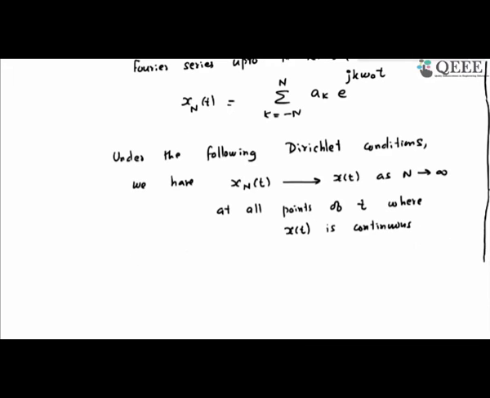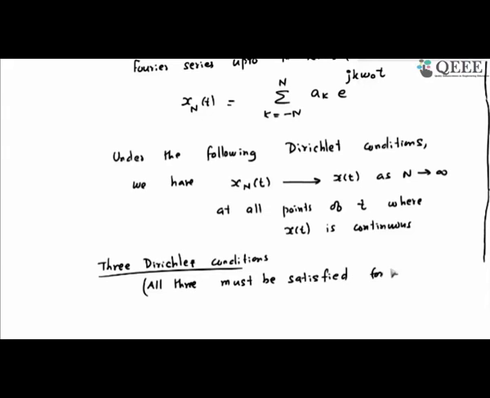So what are those Dirichlet conditions? Okay, so let me discuss them now. There are 3 Dirichlet conditions, and all 3 must be satisfied for Fourier series convergence.